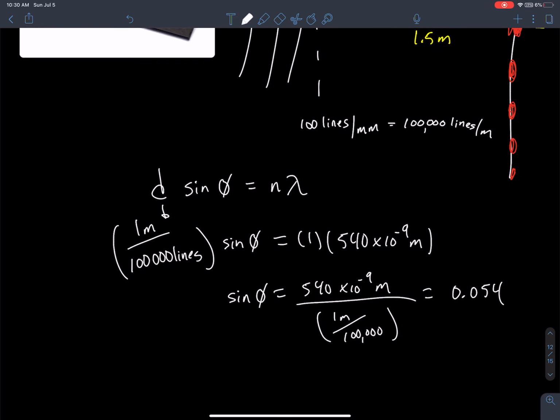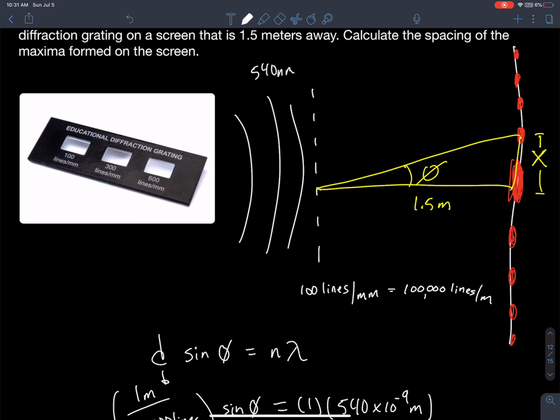So theta is going to be sine to the minus 1 of 0.054, which is going to give me an angle of 3.1 degrees. So that diffraction angle here is 3.1 degrees.